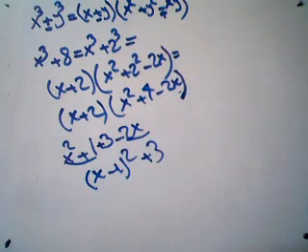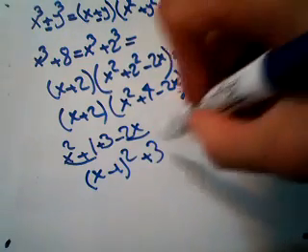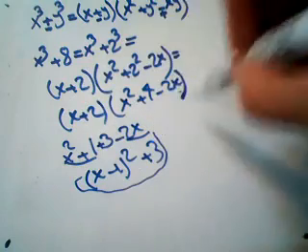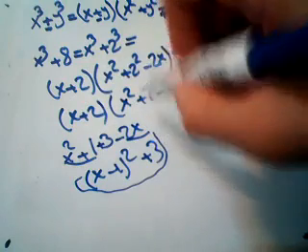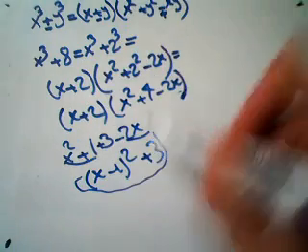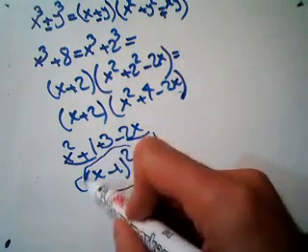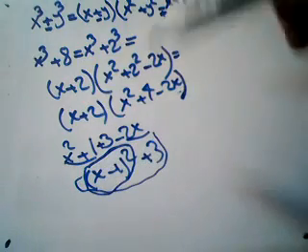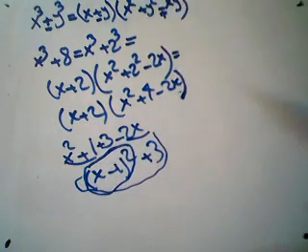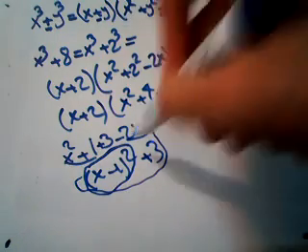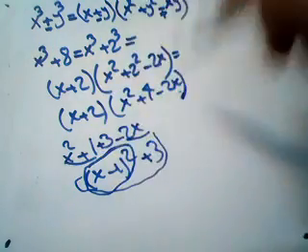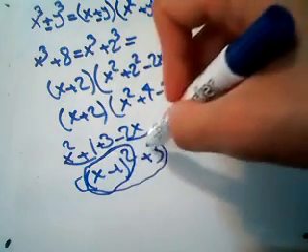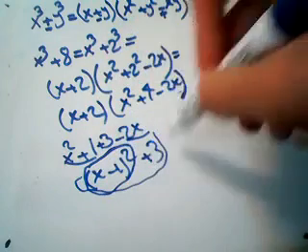Now this expression is always greater than 3. The square is always positive because if you square any number, whether positive or negative, it is positive. So it is greater than or equal to 0, and with plus 3, the whole thing is at least 3.